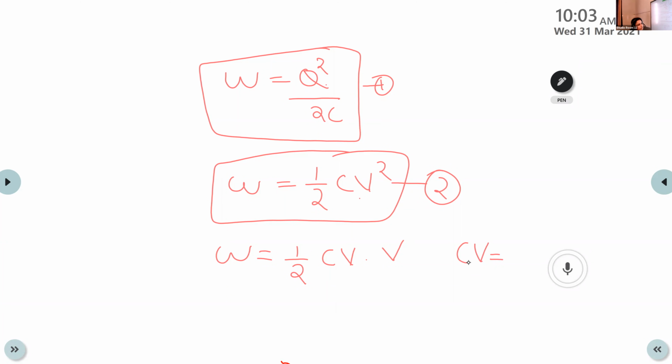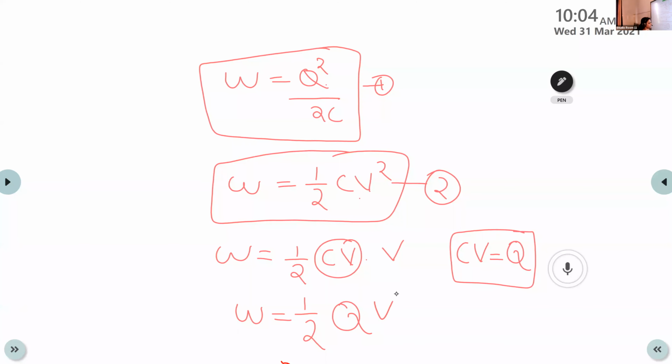CV is equal to the charge Q. Q is equal to CV, that we already discussed. Then it becomes W is equal to half, instead of the CV, we can write QV. This is another equation for the work done to store the energy in a capacitor.